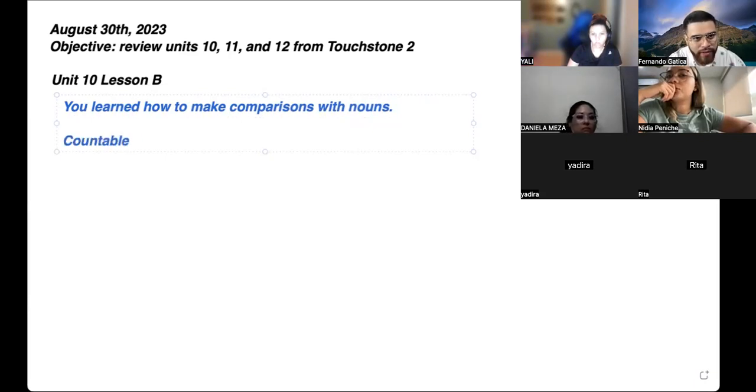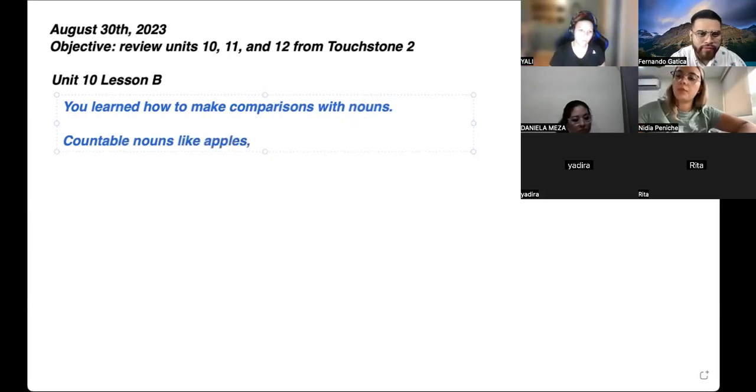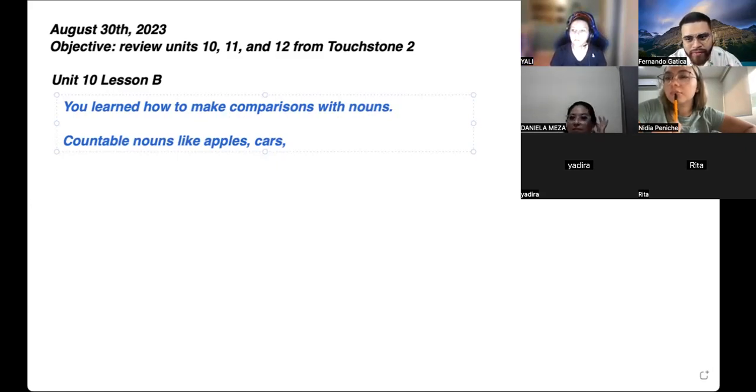There are countable nouns, like apples. What else? Cars. Can you give me another example of a countable noun? Fruit? No, fruit is not countable. Money is not countable. Pencils, shoes, pens.